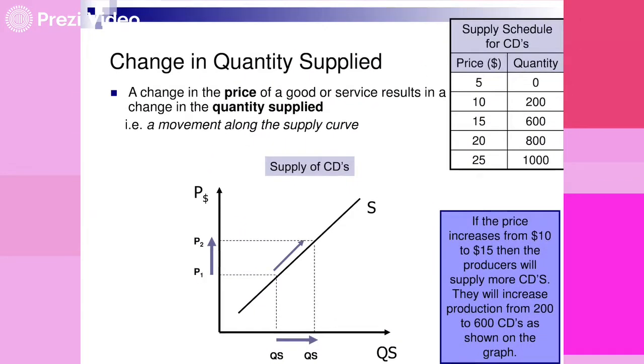So a change in the price of a good or service results in a change in the quantity supplied. So just remember that we use QS, quantity supplied, not just supply.